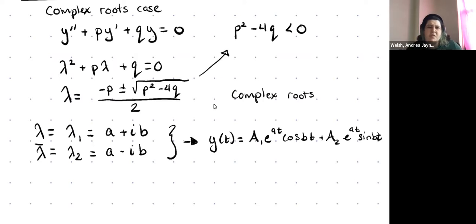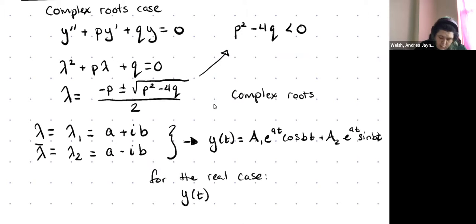But it wasn't very clear how to get there, because for the real case, our general solution looked like y(t) = a1 e^(λ1 t) + b e^(λ2 t).